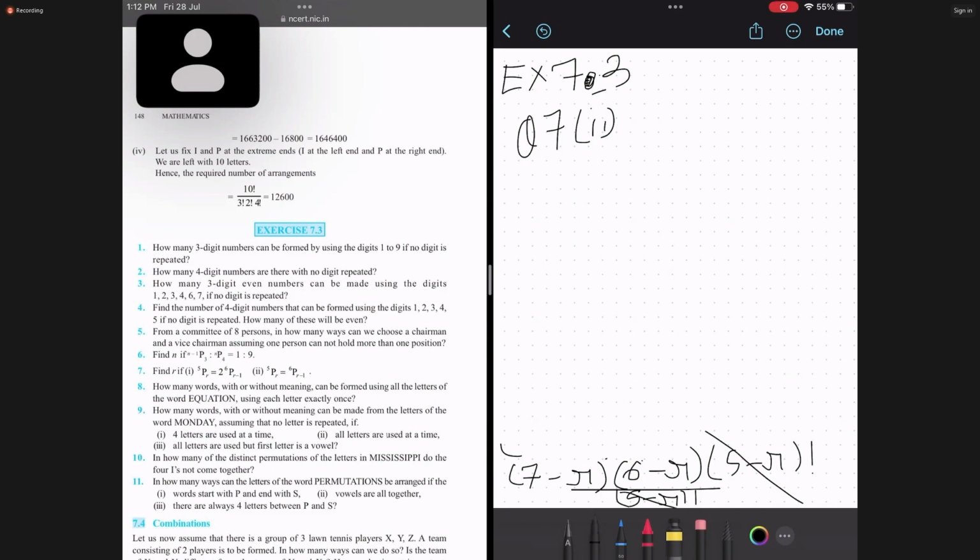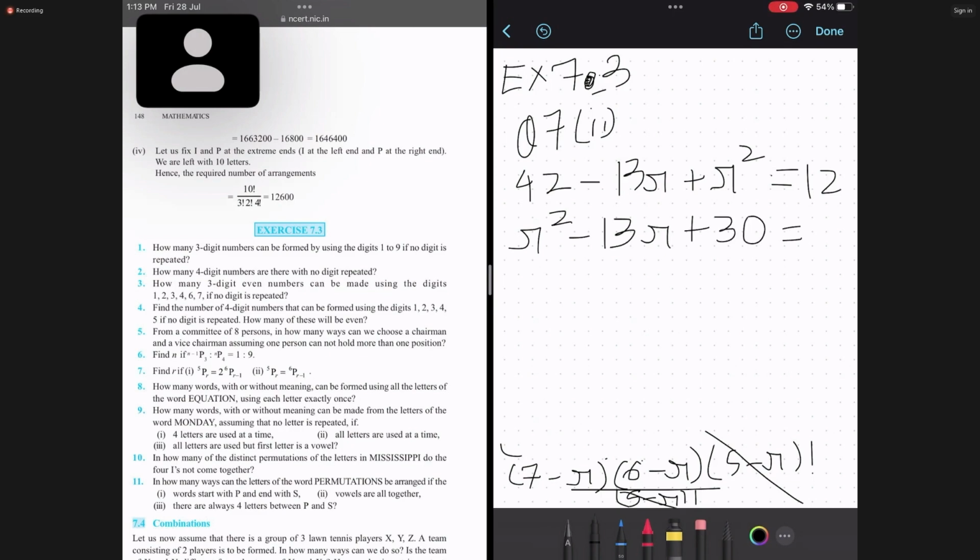So (7 minus r) into (6 minus r) would be nothing but 42 minus 6 plus 7, which is 13, so minus 13r plus r square equal to 12. Correct. So 12 goes in this direction.